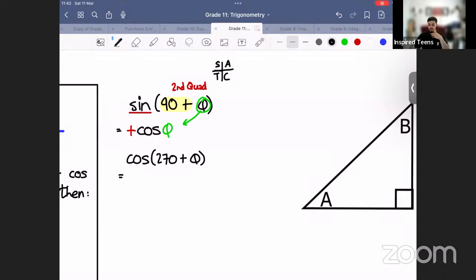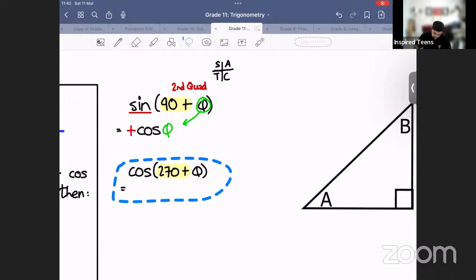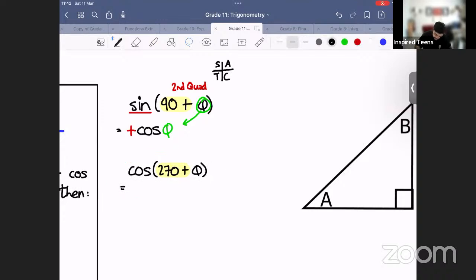Okay, negative sine q. Okay, so let us discuss it. Then we have a positive sine q. So firstly, dissect it. Take it step by step. 270 plus. The first thing you should notice is that you're dealing with cos and 270. Remember, there's exceptions.